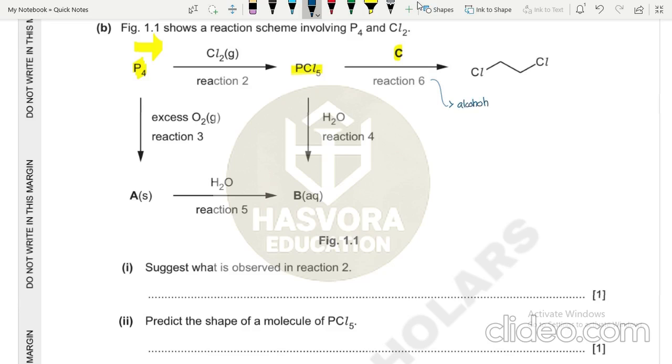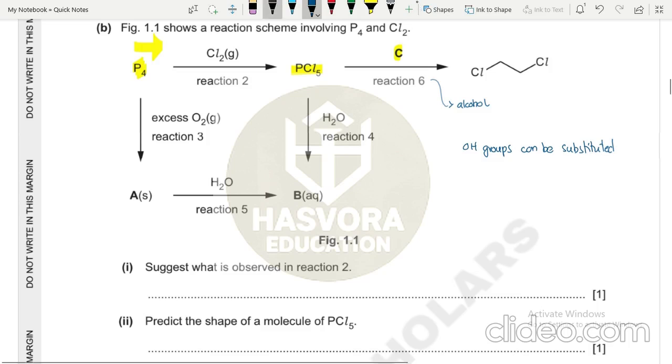Why I'm saying this? It can be an alcohol because in alcohols the OH groups can be substituted in nucleophilic substitution. So the OH group can be substituted to form a halogenoalkane as well. So C can be a diol, a compound in which there are two OH groups.